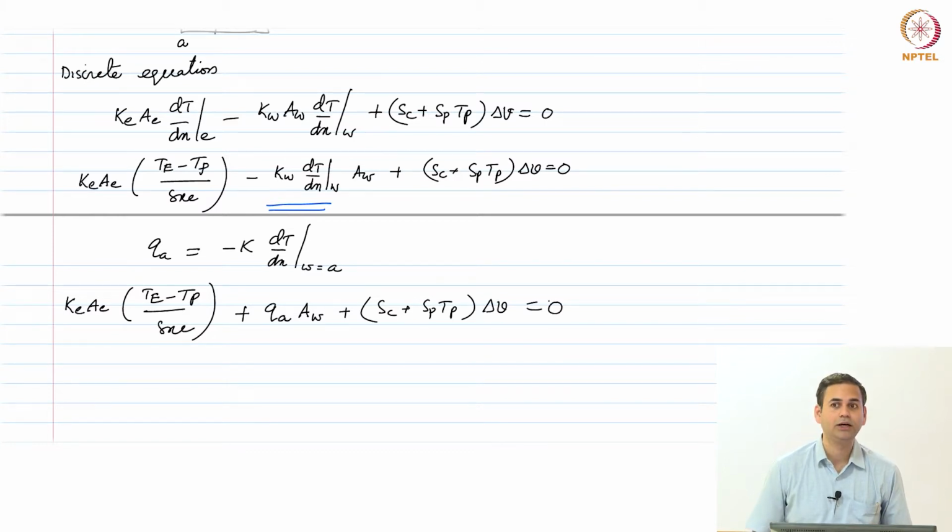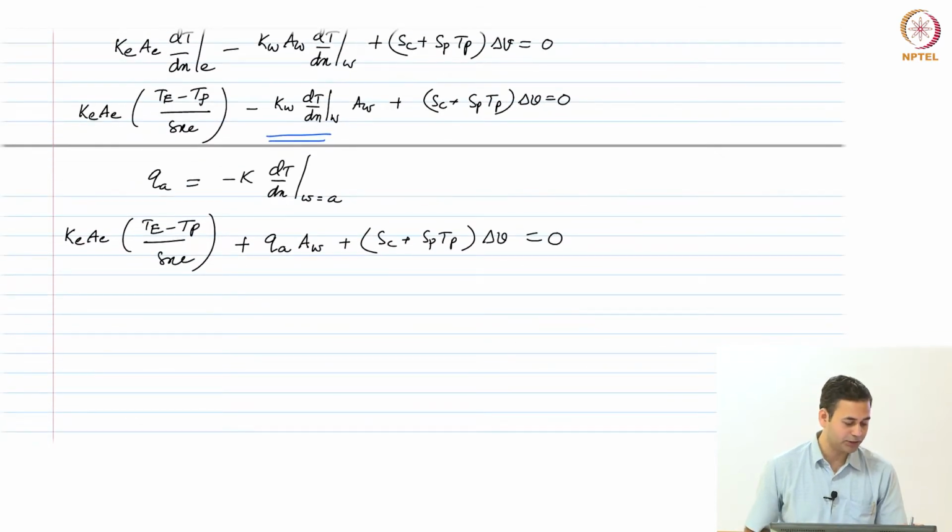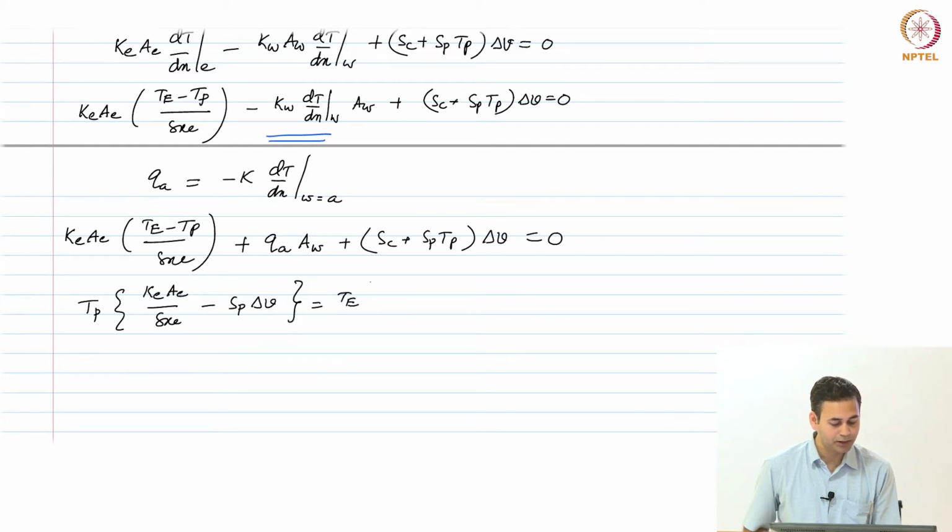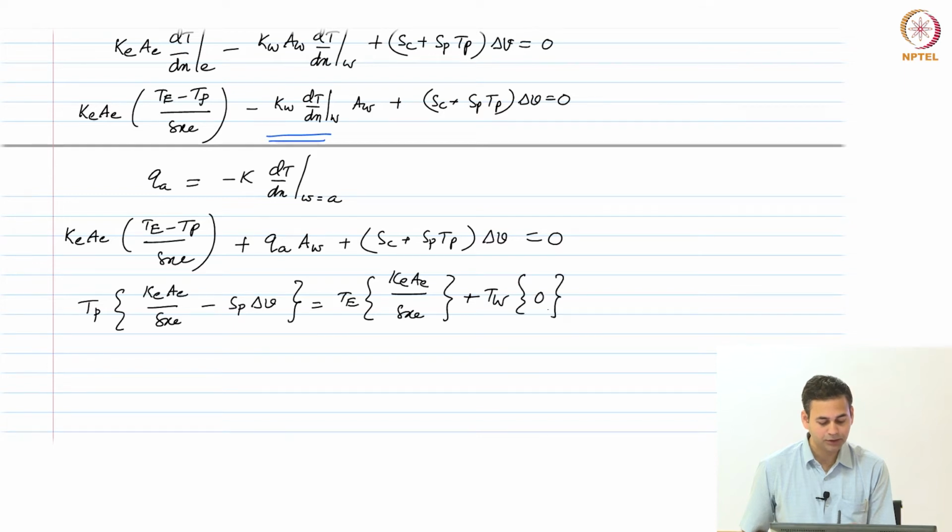As you can see, because of the prescription of a heat flux boundary condition, we completely got rid of the flux term here. We do not have TP minus T west like we had before. Now, if we rearrange in the original form, we send all the coefficients of TP to the left hand side: TP times (K east A east by del x E minus SP delta V) equals T east times K east A east by del x E plus T west times 0, because we do not have a coefficient to the west where the boundary condition is.